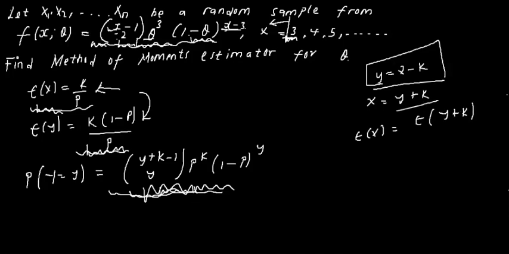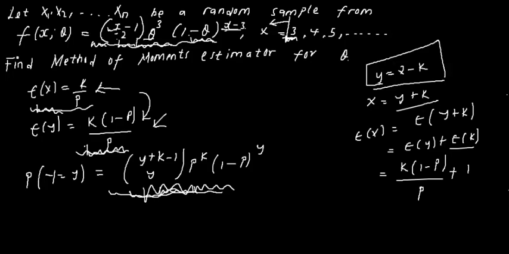like that. And this is simply the same as saying expected value of the variable y plus expected value of k, the constant. We know this expected value is just k(1 minus p) over p, plus the expected value of the constant, which is just the constant, like that. So now we want to get this, so we should keep this in mind.